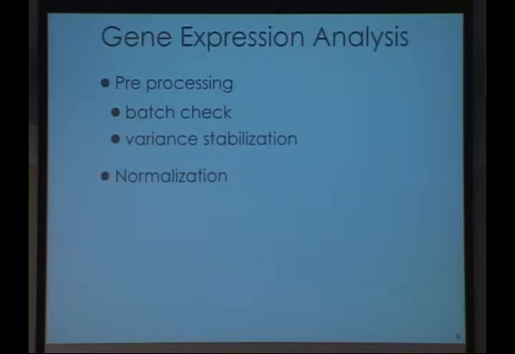Okay? And so for gene expression, it's fairly straightforward. You do some sort of batch checking and then some sort of stabilization of the variance, and I'll talk about what that means in a second. And then the normalization strategies range from quantile normalization to these spline curve-fitting normalizations, and you basically apply them and check.